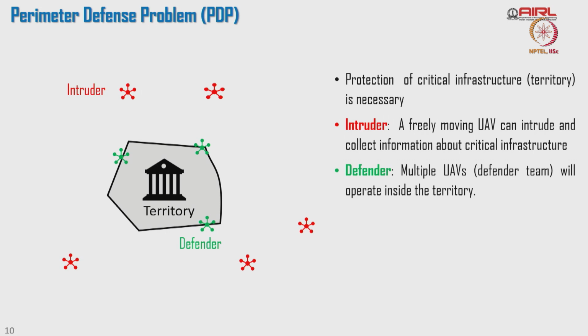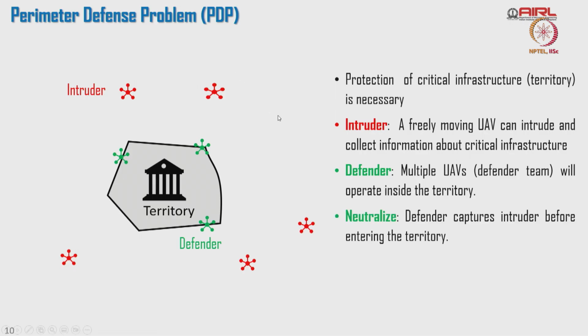Based on the position and time of arrival into the perimeter, the defender has to reach that particular location and capture him. I assume that there is a capture mechanism and he is able to capture, right. So, he has to neutralize it. The defender reaches that particular location when the intruder comes in and captures.